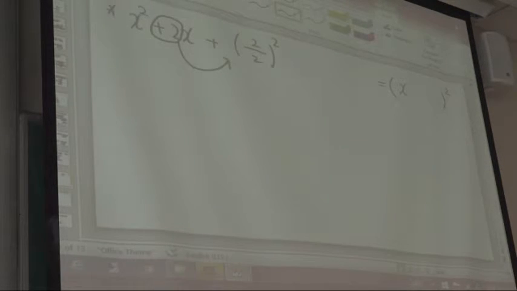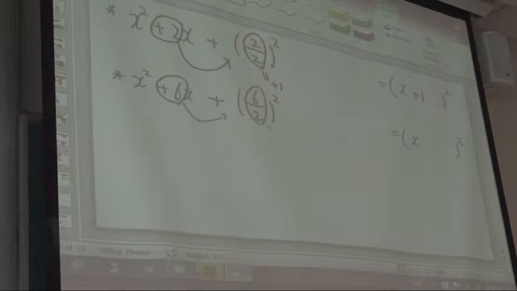So in that case, this inside is plus 1, then we need plus 1. If we have x squared plus 6x, then to make the complete square, we take this plus 6 and then divide by 2, always divide by 2, and square. Then this number is a plus 3.